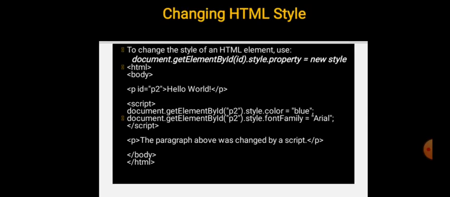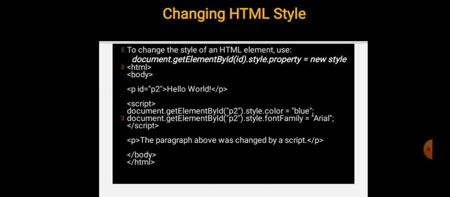Now we need to discuss how we can change the style of an HTML element. It is also simple. We can access a style by using style dot its style property. Here also, first and foremost we need to find the element by using its ID or any other function you can use. That is, you can use getElementsByTagName or getElementsByClassName, or anything.